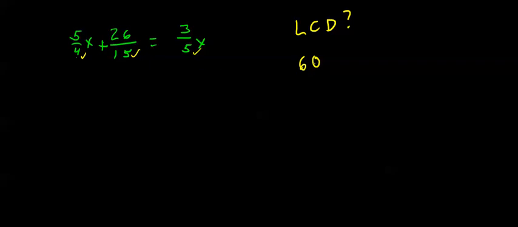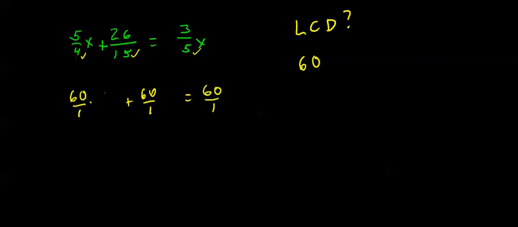Least common denominator is the smallest number divisible by all of those. So we're going to have 60 over 1 times, plus 60 over 1. I like using different colors, equals 60 over 1.